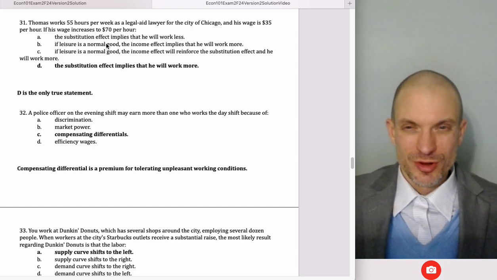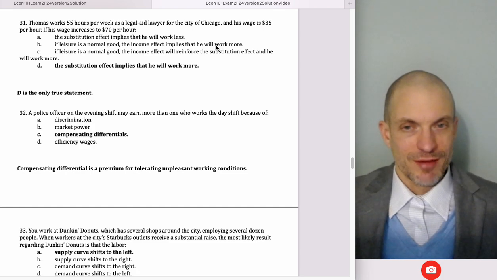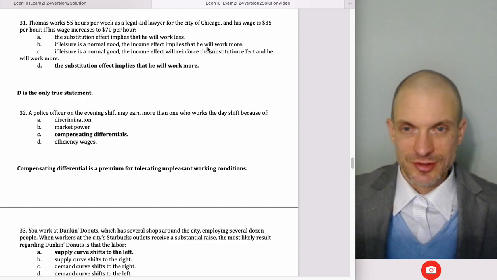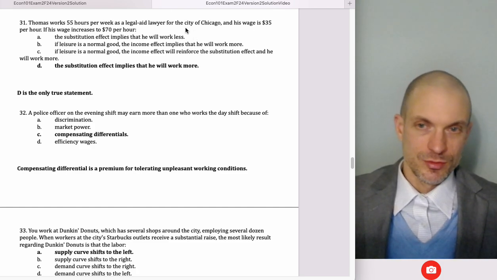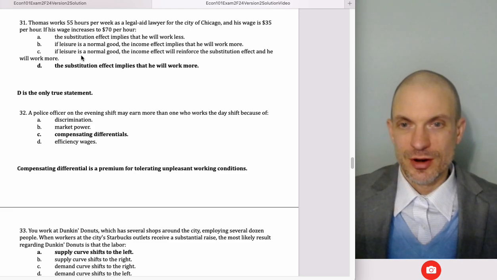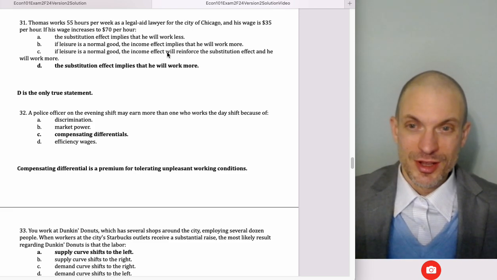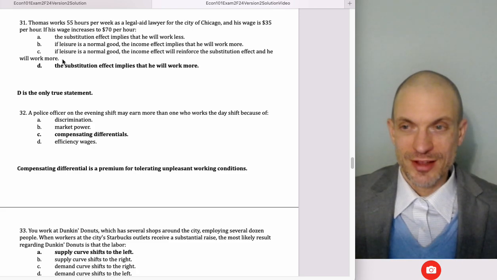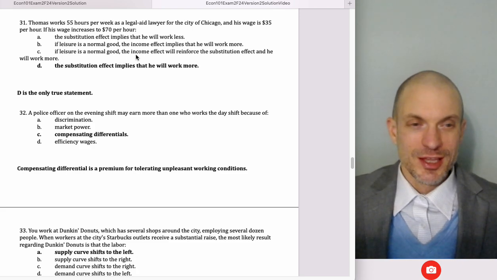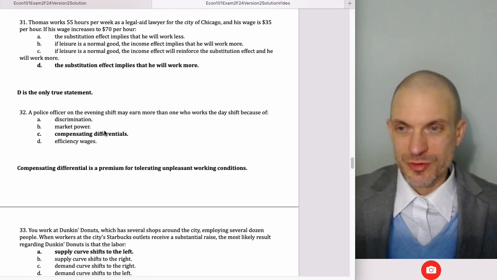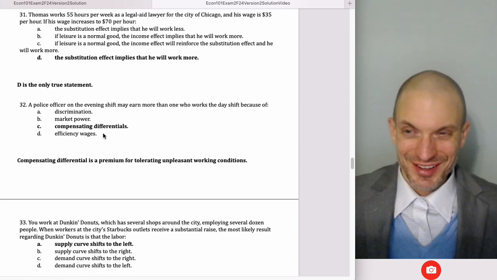If leisure is a normal good, the income effect implies he'll work more. No, the income effect would have Thomas working less here, because the wage is rising, so he would actually value leisure greater. If leisure is a normal good, income effect will reinforce the substitution effect, and he will work more. No, the income effect and substitution effect are two distinct things. And so that's what makes C unnecessarily complicatedly false.